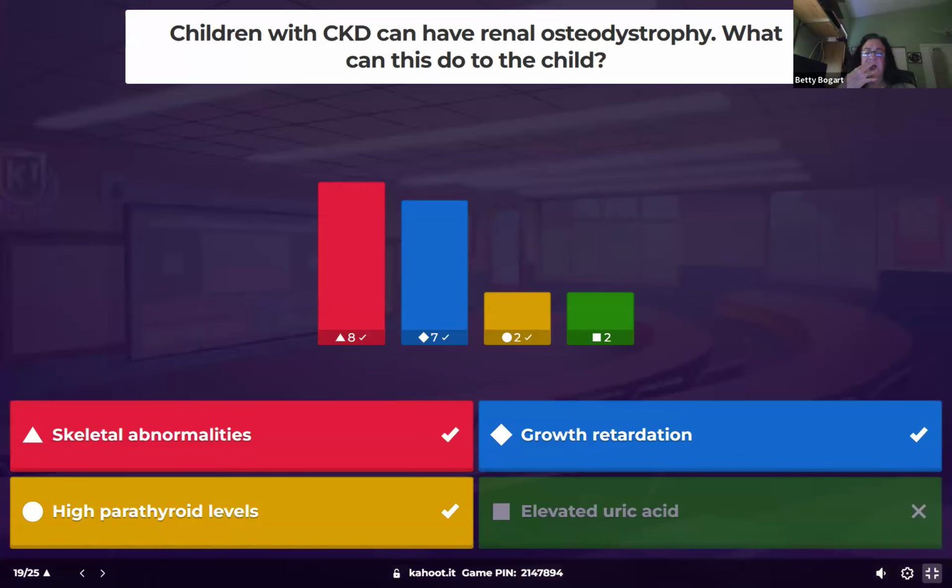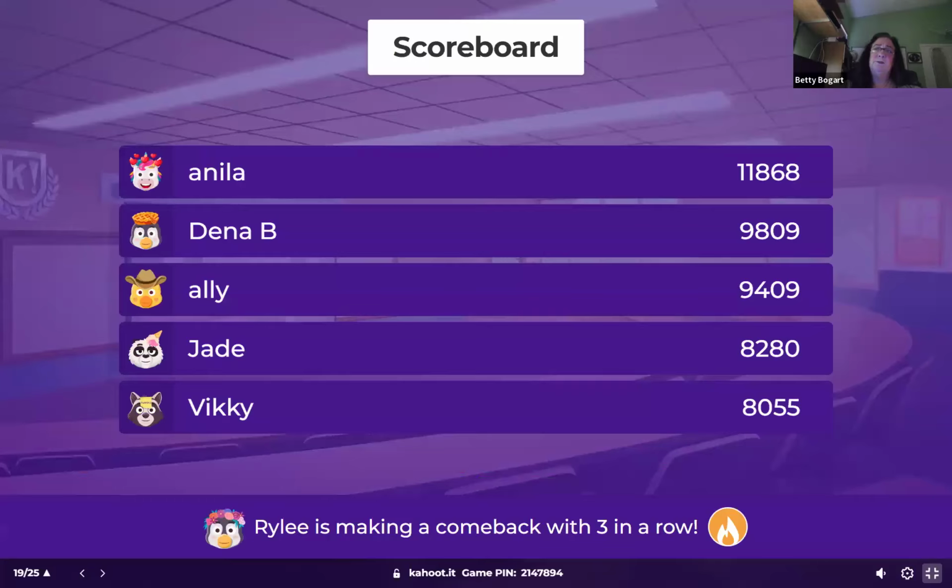So what you're going to see is too high calcium. That's parathyroid, right? Calcium has everything to do with the parathyroid. Your bones are going to be abnormal and you could have some growth retardation. It has nothing to do with uric acid. It's about the bones, osteo, bone, growth. And of course, the calcium is with the bones, vitamin D, all of those things.